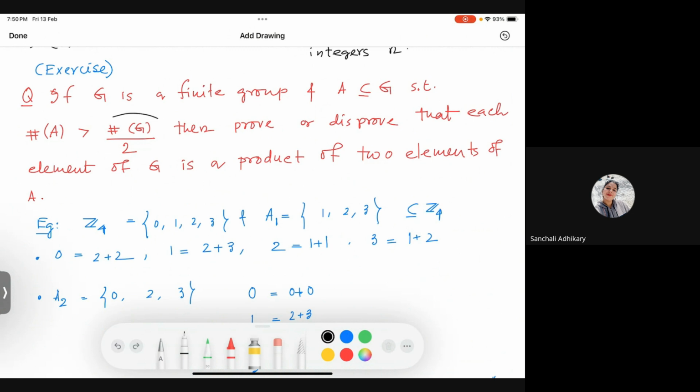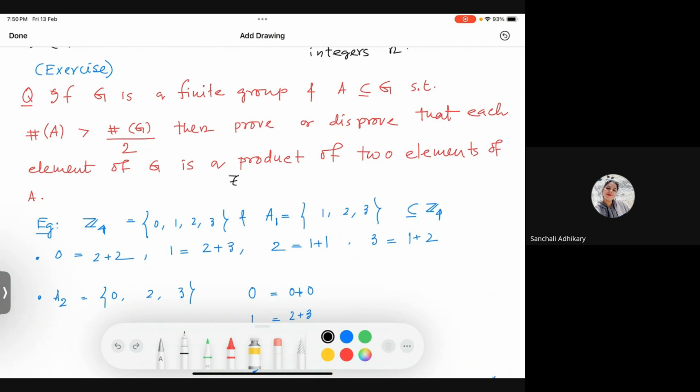Don't think the cardinality of G is even, it may be odd. If the cardinality of G is 7, then 7 by 2 means 3.5. Then the cardinality of A may be 4, 5, 6, or 7, because it cannot exceed 7, since A is a subset of G and G has 7 elements.